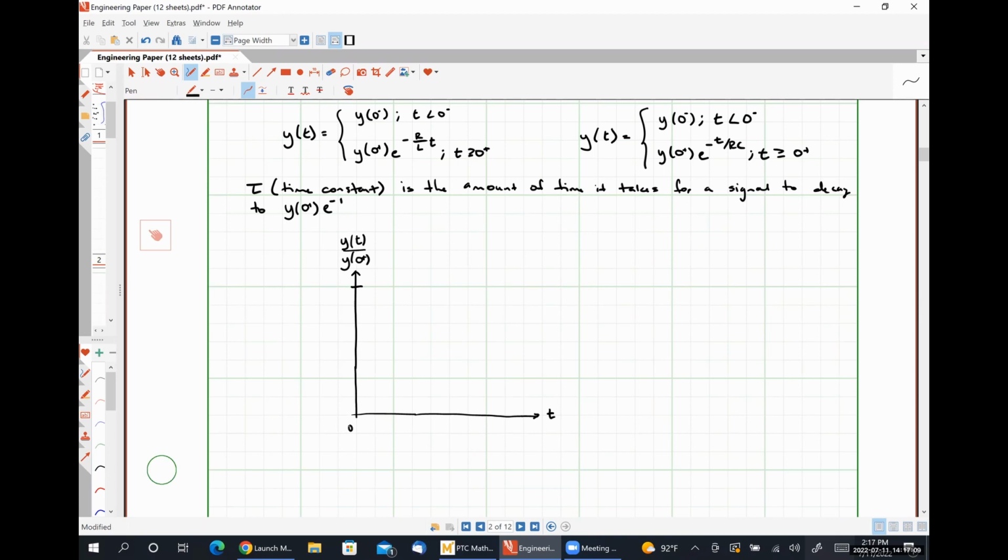At t equal to 0, this is going to have a value of 1.